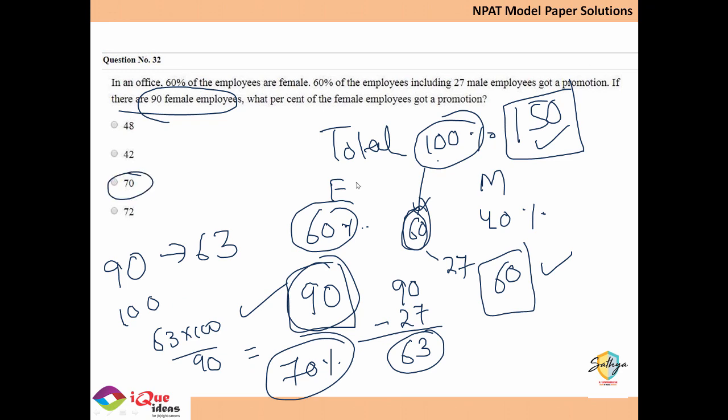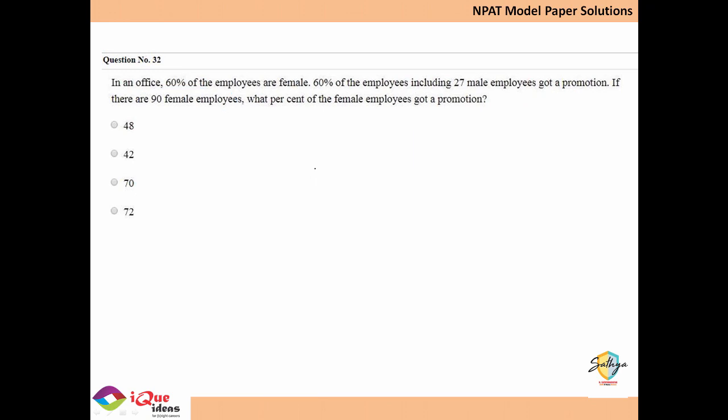If this is confusing, I'm going to do this once again, since the data is pretty simple. I start with total employees. Now females are 60%, so males are 40%. So 90 is the actual number of females. So if 60% is equal to 90, then 40% is 1.5 times less, so there are 60 males, right?